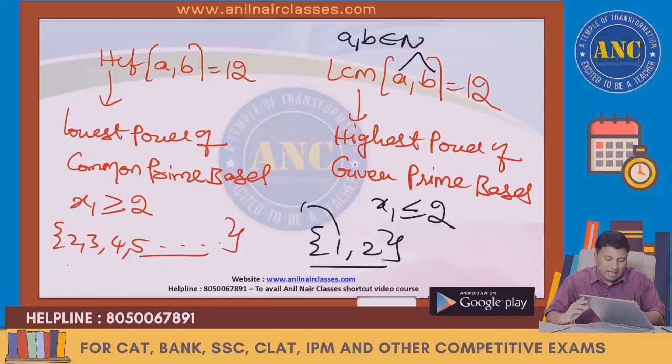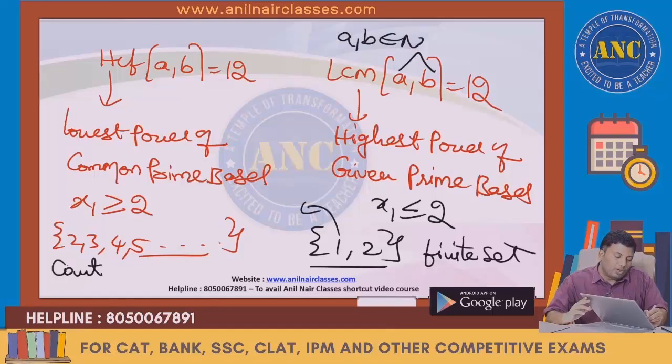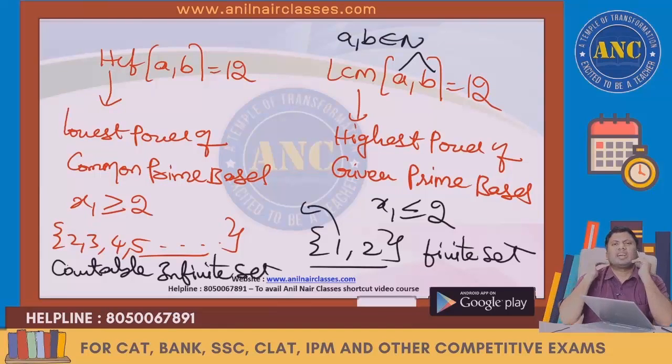Here there can be a finite set, but there can be a countably infinite set. When I say x greater than or equivalent to 2, from 2 it is going further. Till where it is going further, we don't know. Are you all with me?